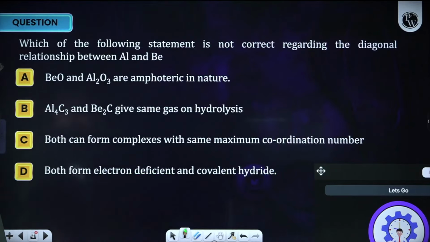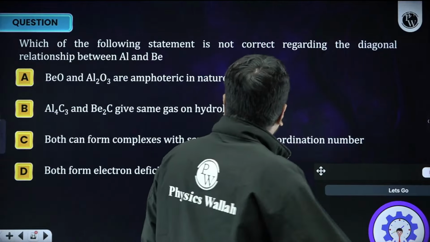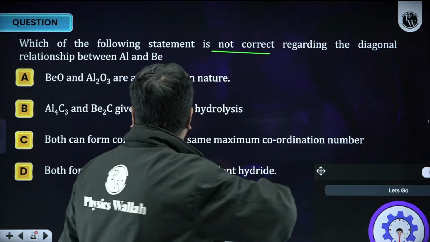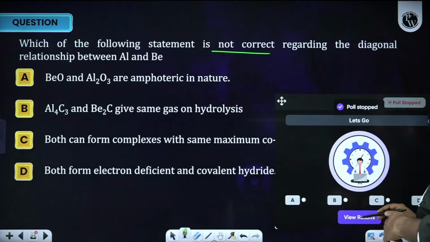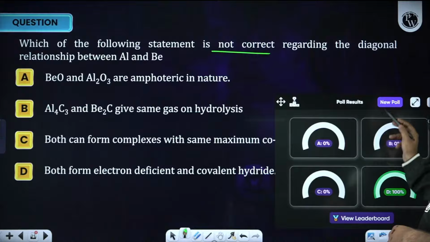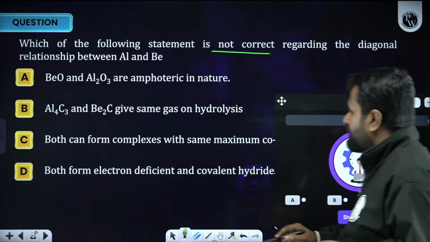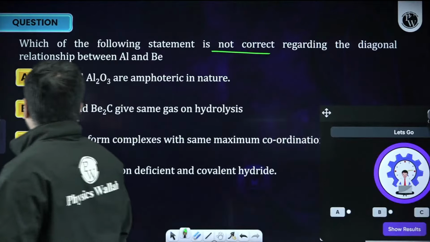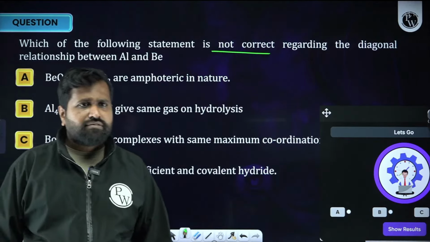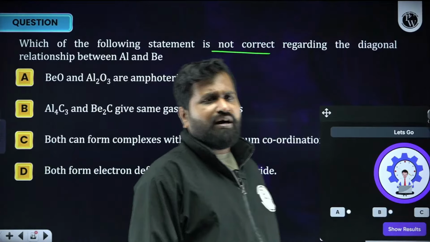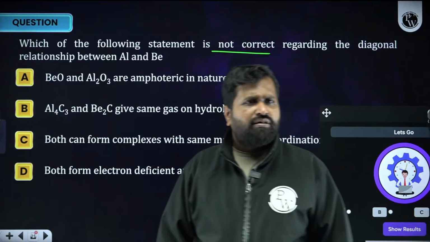Next question. Which of the following statements is incorrect regarding the diagonal relationship between aluminium and beryllium?